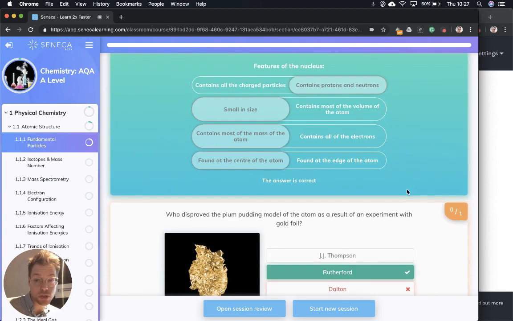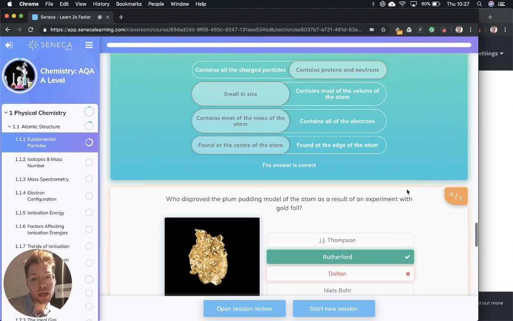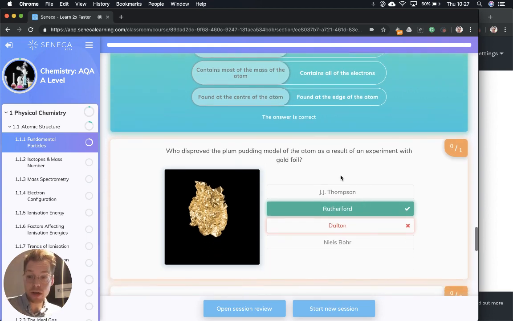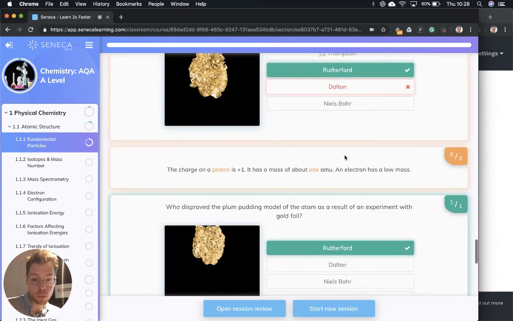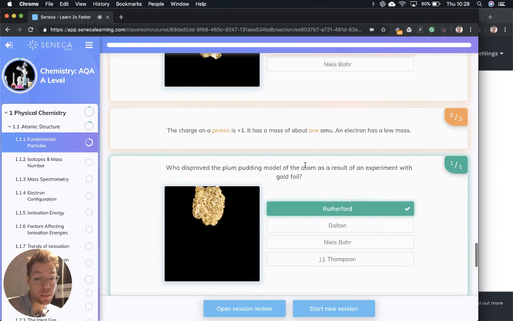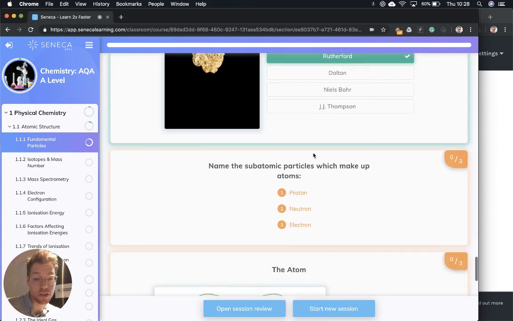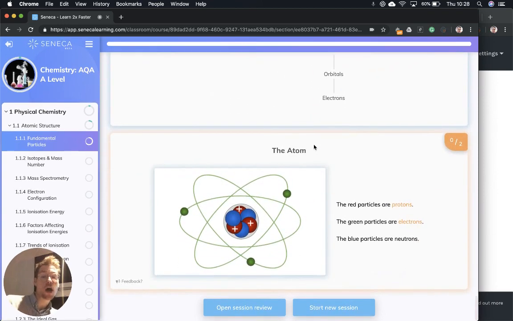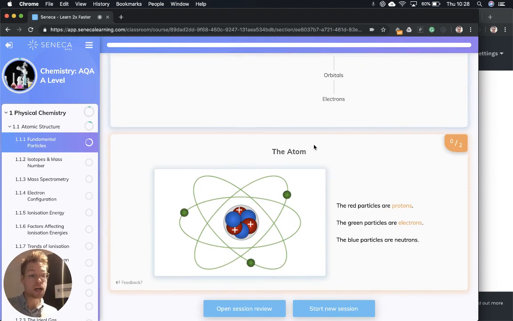It contains protons and neutrons. It's big or small? It's small in size. It contains most of the mass of the atom, because remember, electrons have a really tiny mass, we just ignore it. And it's at the center of the atom. Okay. One more time, who disproved that plum pudding model? It was Rutherford.